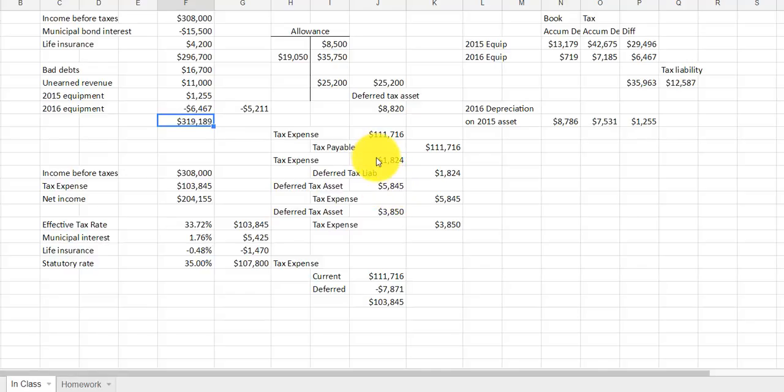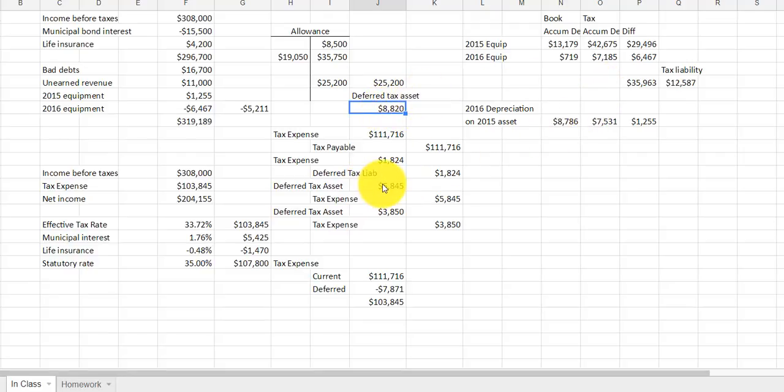Now, as we consider our various tax assets and tax liabilities, let's consider first the allowance for bad debts. Our cumulative difference, and that's the one we want to refer to, is 25,200. That's our allowance. Multiply that by the tax rate, it's 8,820. We then need a deferred tax asset of 8,820.